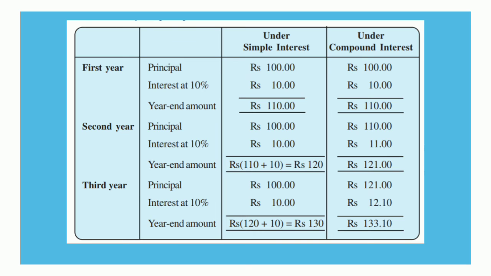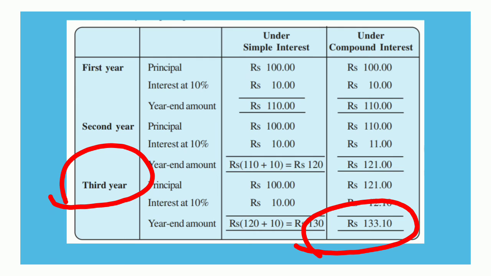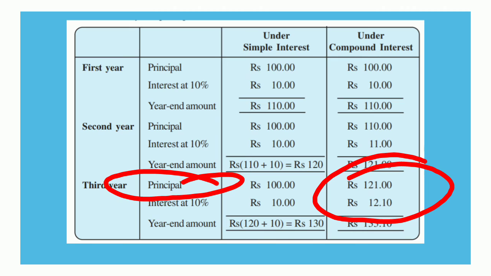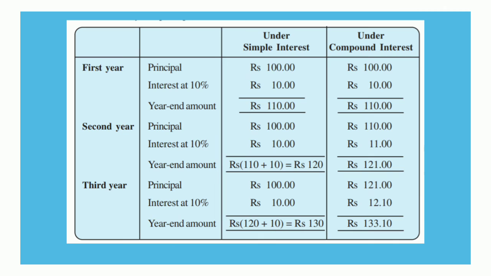And after the third year, you will get 133.10. That is, 121 is the third year principal, its interest is 12.10, and added to the amount 121, you will get the last amount, 133.10. Okay, this is compound interest.